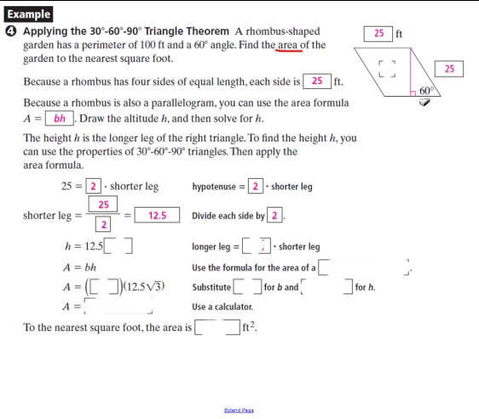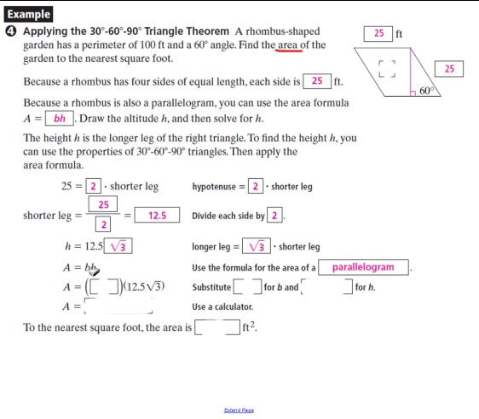Now we can take the length of the shorter leg and find our longer leg. So we know that the longer leg is root 3 times the short leg, so 12.5 times root 3 will give us the height, and then we can take that height and plug it into the area formula.